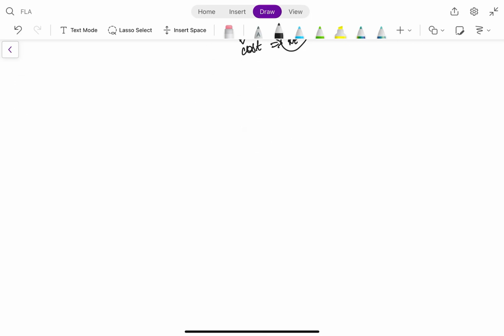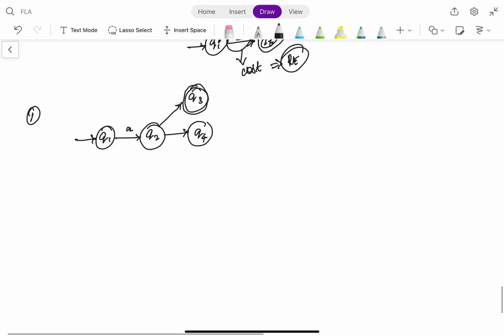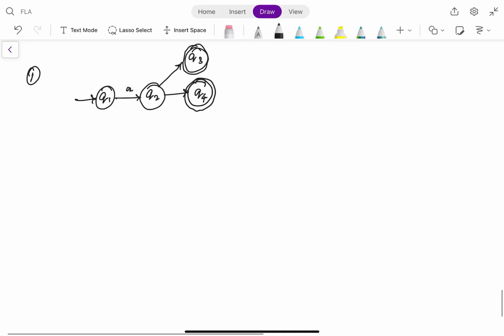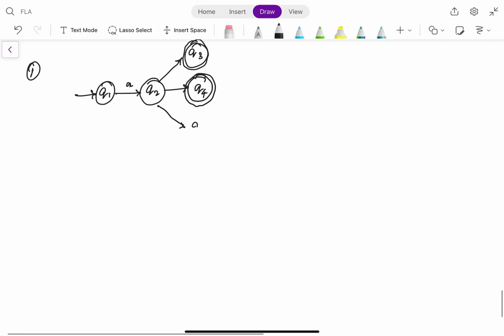Example one. This is the given automata.